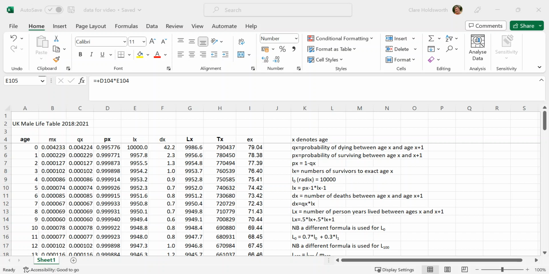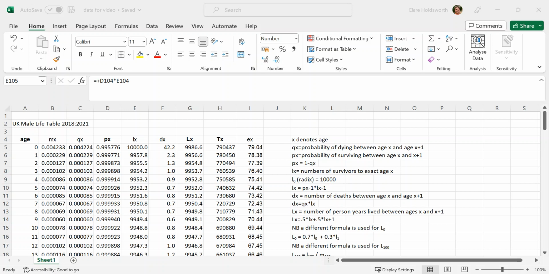Now, in an unabridged life table, this big LX is going to look very similar to little LX. The big LX really gets important for an abridged life table, but I'm not showing you that example. So you will see that the number of person years lived between X and X plus 1 is very similar to the little LX.